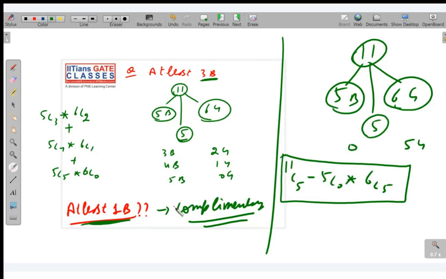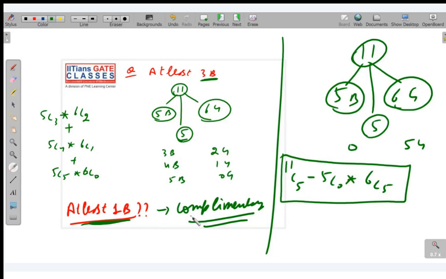11C5 means from 11 you can pick any 5 candidates, in whatever way you want. All 5 boys, all 5 girls, 2 boys, 3 girls, 1 boy, 4 girls, and so on. All the possibilities are covered in 11C5. That's why from the total I will subtract this thing. Finally, what I will get? At least one boy.